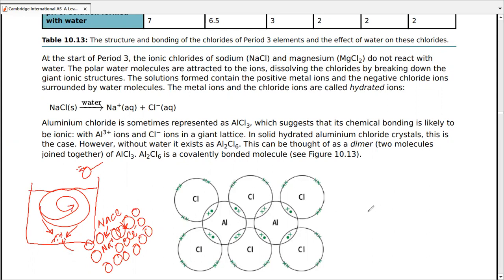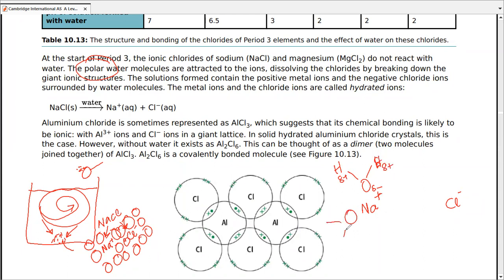Something I'd like to mention specifically is that water molecules are polar, which means water has slight or partial charges. The partially negative oxygen is attracted to the positively charged sodium, but the hydrogen stays away.